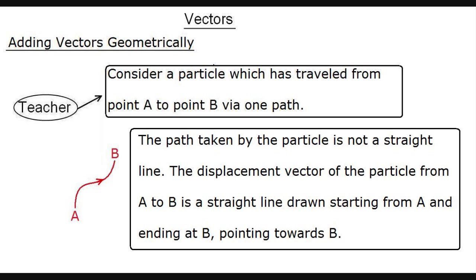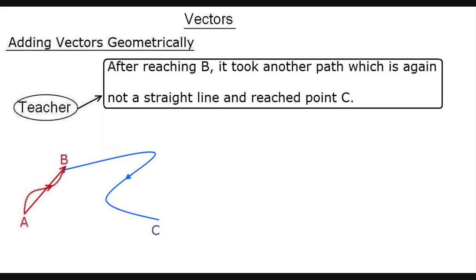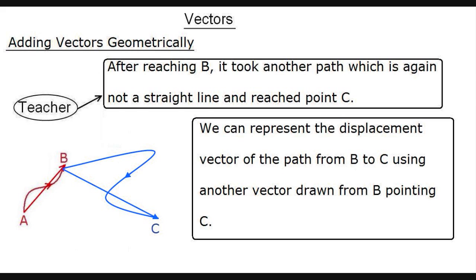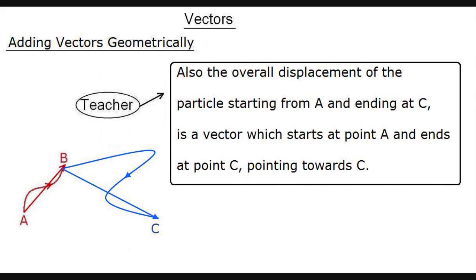The displacement vector of the particle from A to B is a straight line drawn starting from A and ending at B, pointing towards B. After reaching B, it took another path which is again not a straight line, and reached point C. We can represent the displacement vector of the path from B to C using another vector drawn from B pointing to C. Also, the overall displacement of the particle starting from A and ending at C is a vector which starts at point A and ends at point C, pointing towards C.